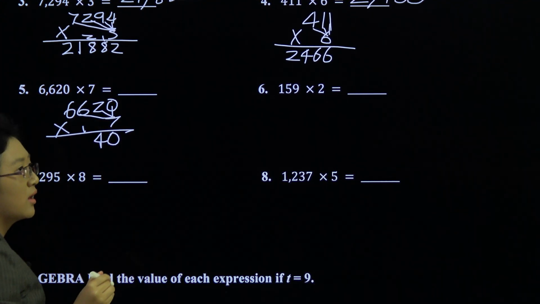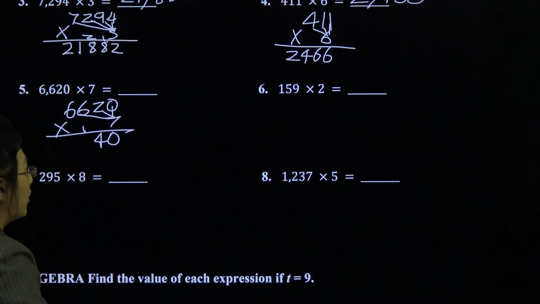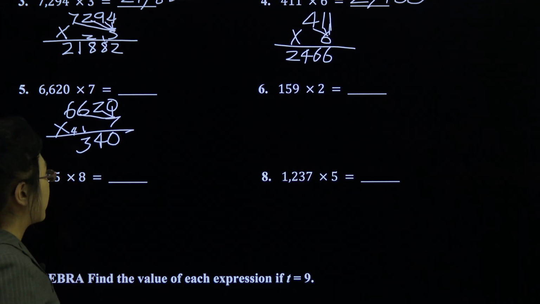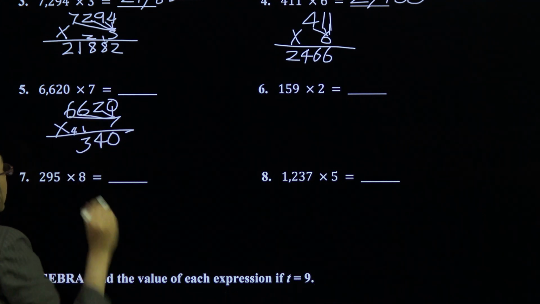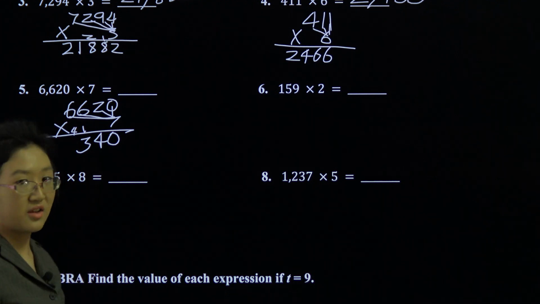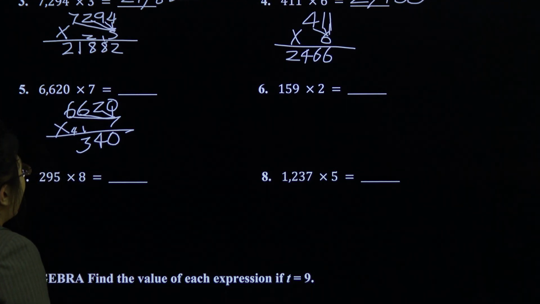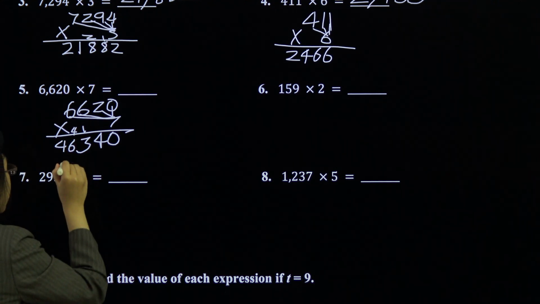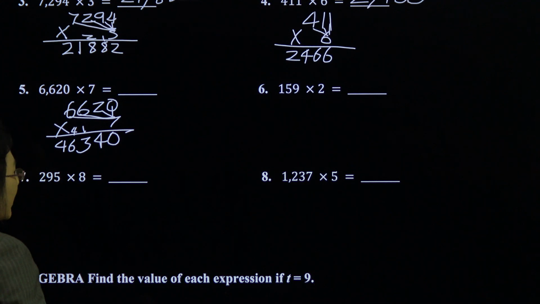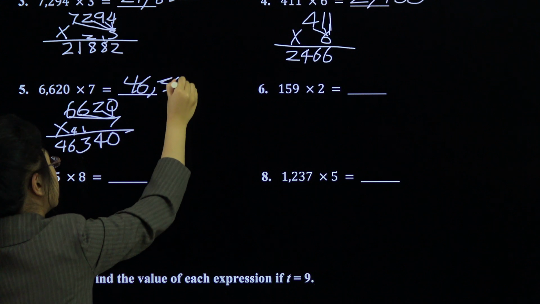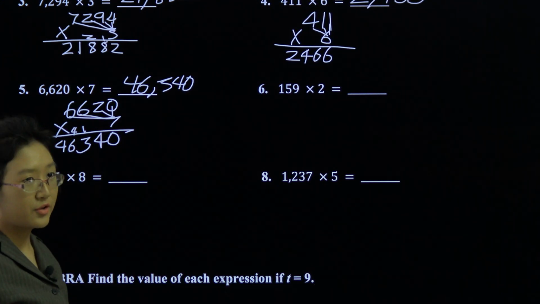You go on to the hundreds. 7 times 6, 42. 42 plus the regrouped 1 is 43, but you can only put 1 digit there, so you regroup the 4, and then you multiply 7 times 6 again, except this 6 is in the thousands place. And you get 42 plus 4, which is 46. And there's nothing in the 10,000s place, so you just drag the 4 down. 46,340 is your answer.